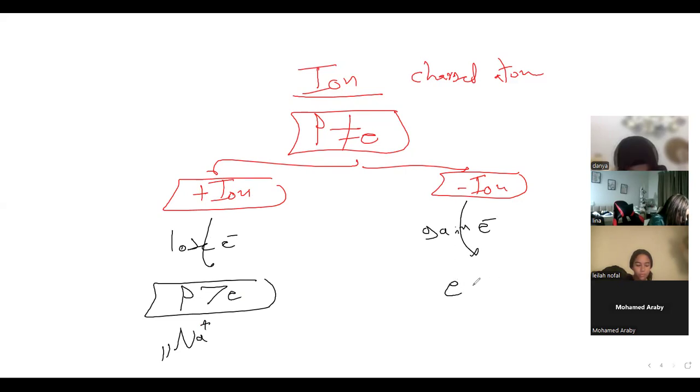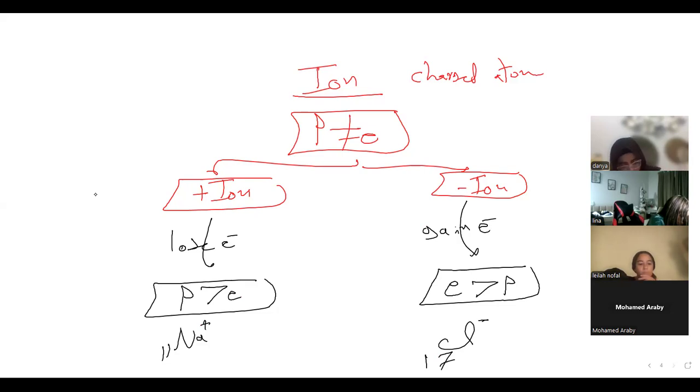In this case, electron is greater than proton, like Cl negative. In case of Na positive, number of protons equal 11. And number of electron, losing 1 electron, 10.